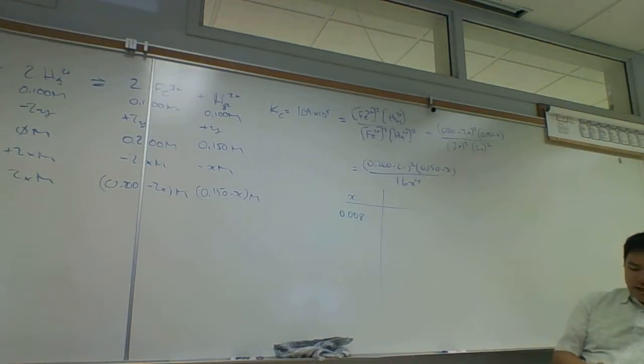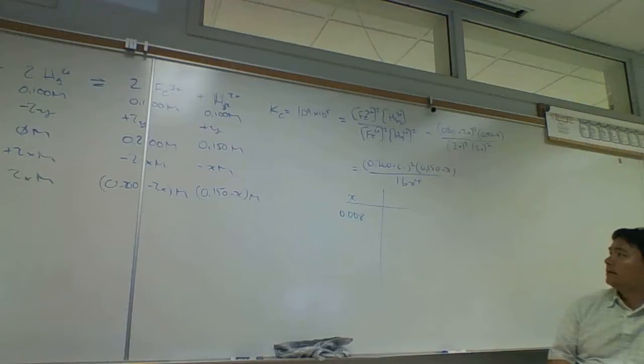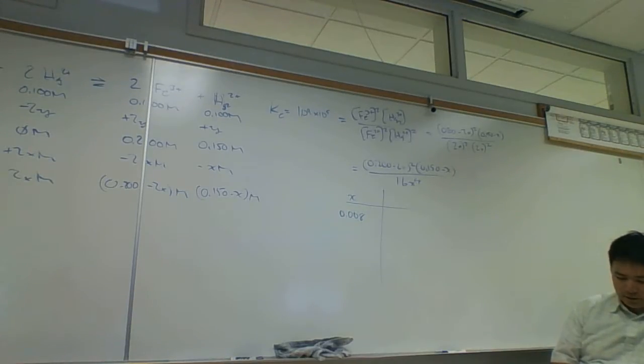All right, so our first guess is going to be 0.008, which is going to give me 0.016. So 0.2 minus 0.016 equals, squared, times parentheses 0.15 minus 0.008, close parentheses, divided by 16, divided by 0.008 to the fourth.